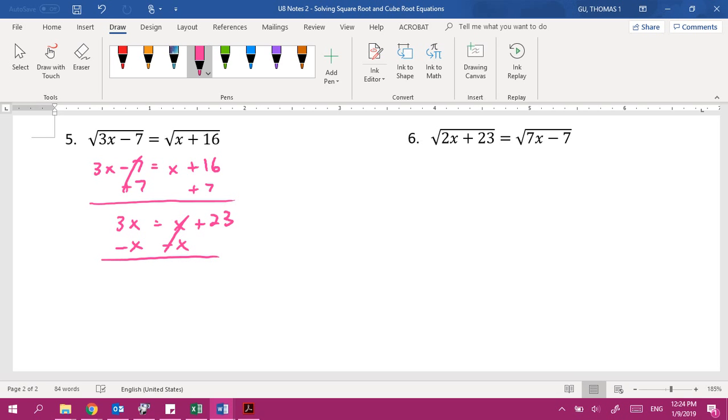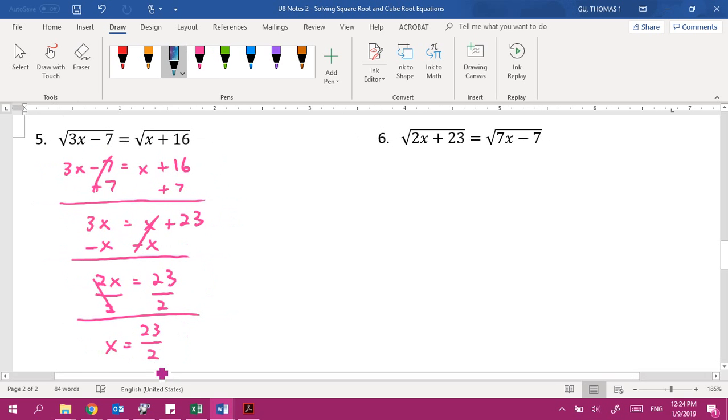Subtract x from both sides. What's left? Equals. And then we got one final step. Divide by 2, which means my answer is... That is correct. You can just leave it as a fraction. Yes, x equals 23 over 2. That is fine. That's perfect. And there we go.